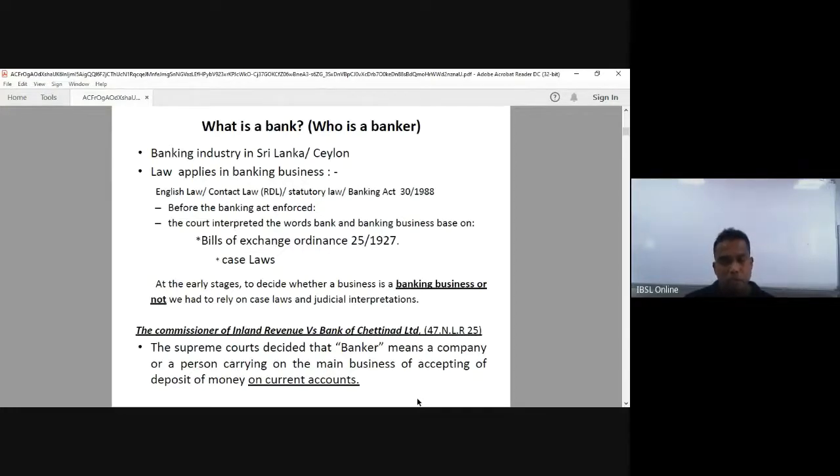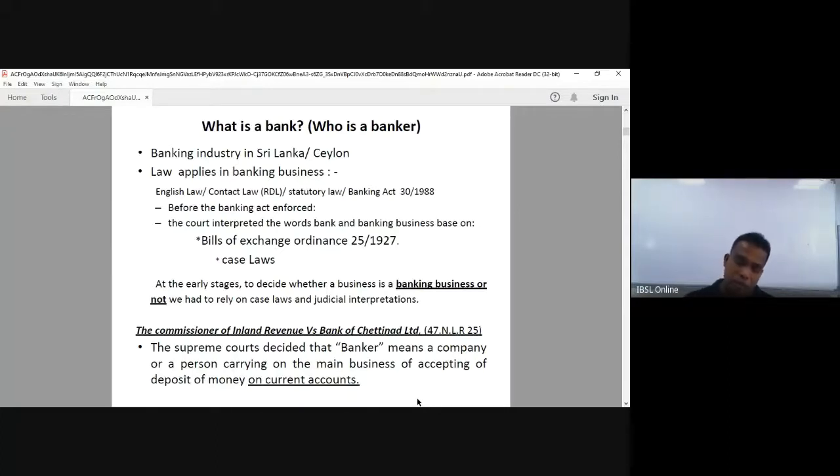Those things came into the Sri Lankan system, Ceylon at that time. To govern these checks or any banking transaction, we didn't have any statutory laws.